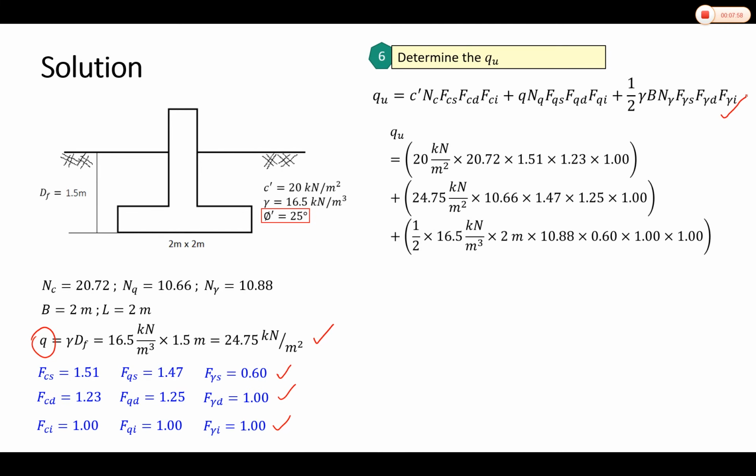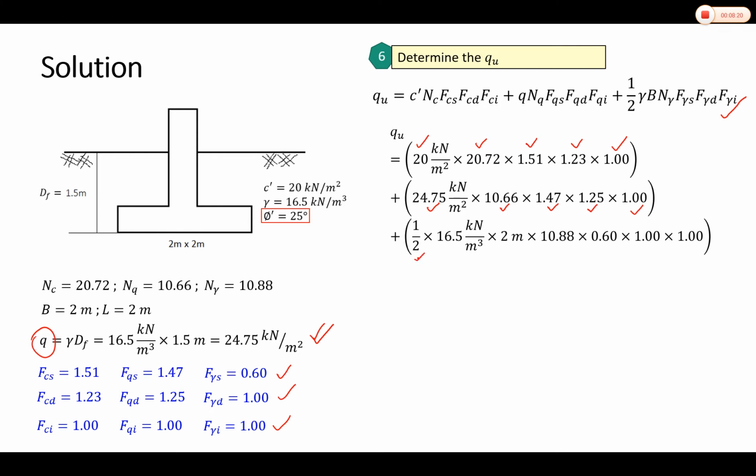So we substitute all the information. So this is c, Nc, FCS, FCD, FCI. And then we have the q here. And then Nq, FQS, FQD, and FQI.